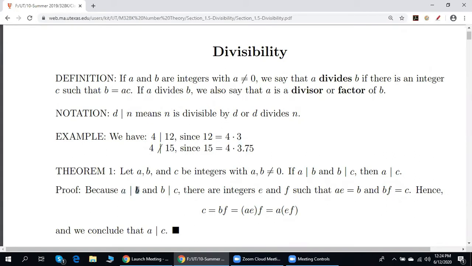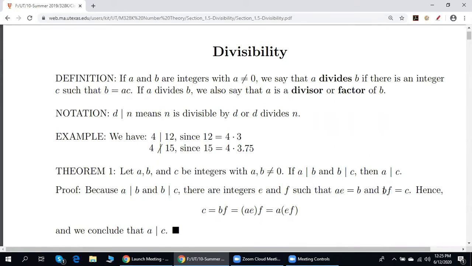A divides B. Once again, it's given. A divides B means B is A times an integer. Similarly, B divides C means C is B times an integer.